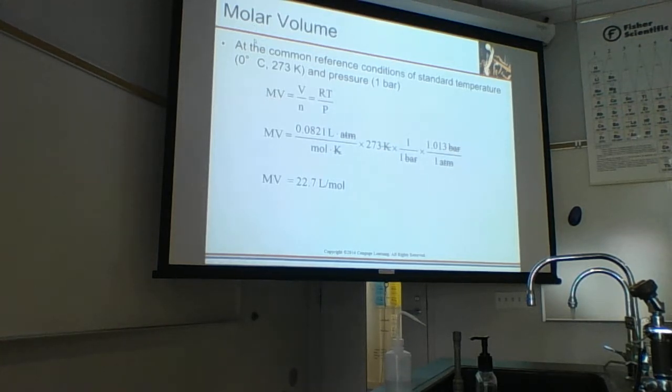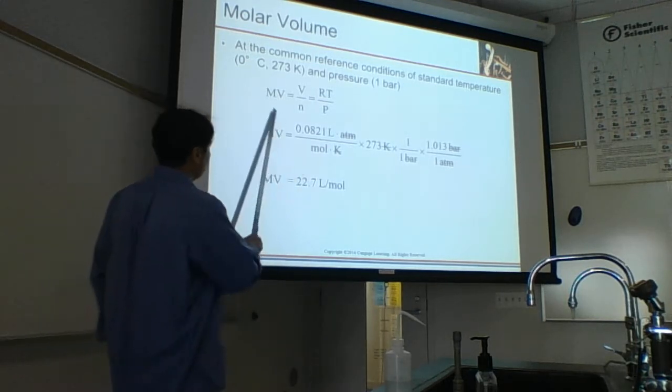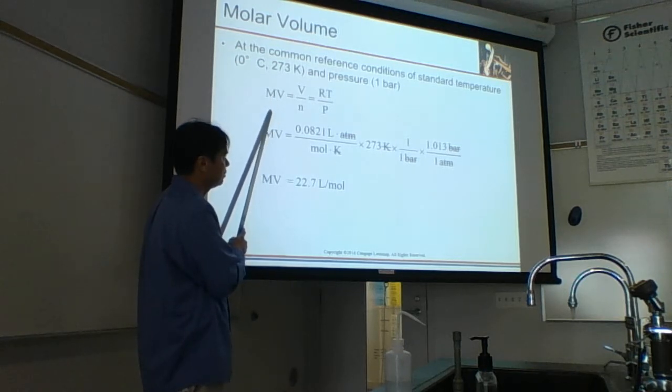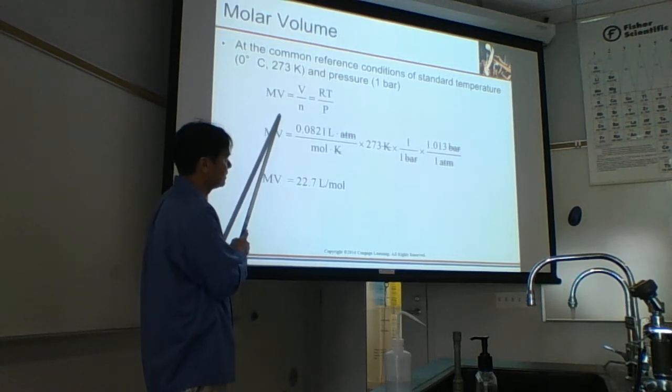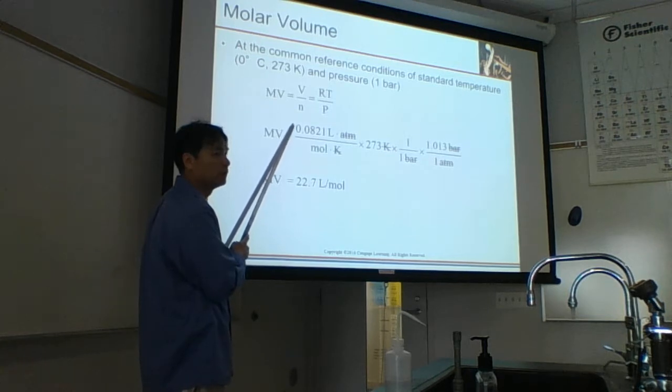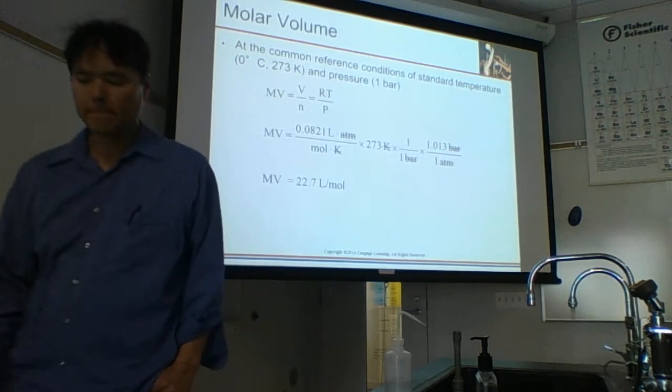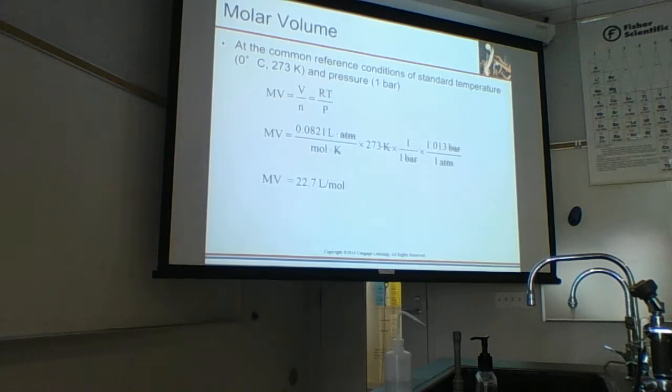Section 14.7. So you'll have to use the ideal gas law to do some calculations, either for a single variable or for density or for molar volume. Molar mass, I just drew that.